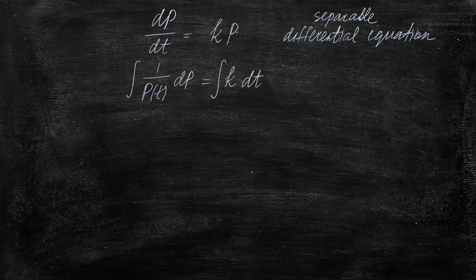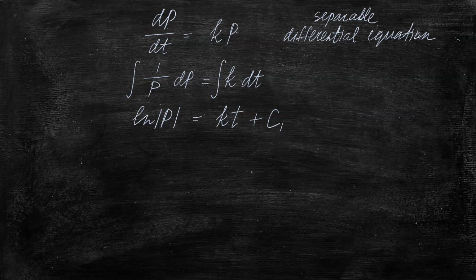So here we're going to treat p as just a letter that represents a function, but on the left hand side it just became a variable of integration. So on the left hand side we have a ln of absolute value of p, and on the right side we have kt, and at some point we have to put the constant of integration, and we have seen this before, so we're going to have multiple constants here.